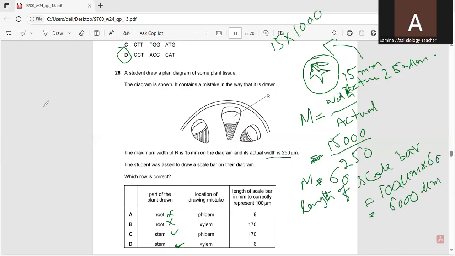We will change it into millimeter. Then it will be 6000 divided by 1000. It will be 6 millimeter.